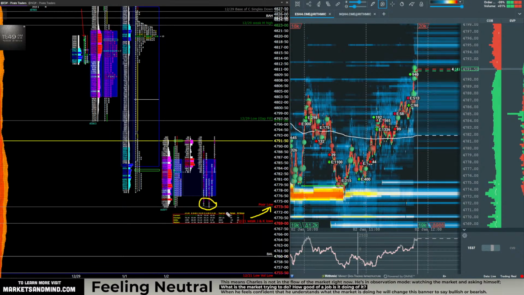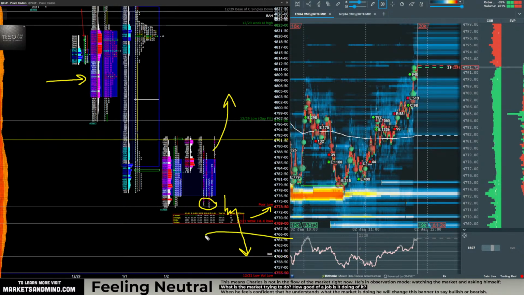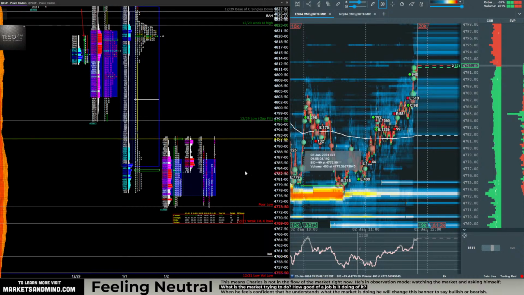Whether it happens today or tomorrow or the next day, it will come back for the low. And whenever it does, new selling there will target the balance area low at 47.60. So over a daily, sort of weekly time frame, it is still very bearish, but intraday today, it is actually bullish that we need to head higher looking for those sellers to get us back down. So we are trending up, and we will assume the market can keep going up as long as it continues to trend.